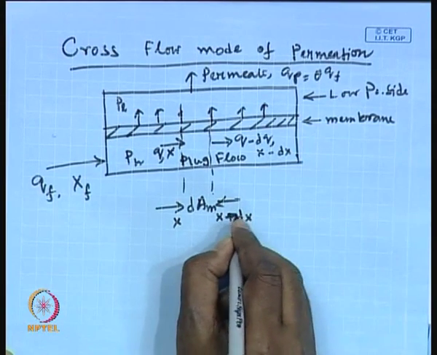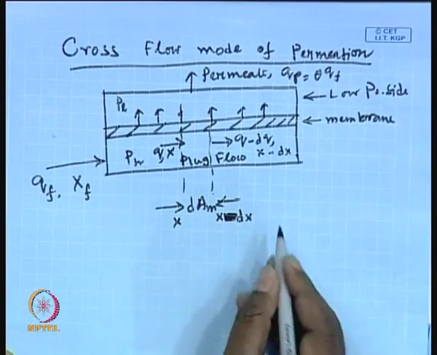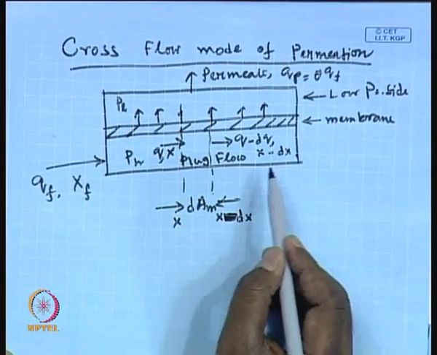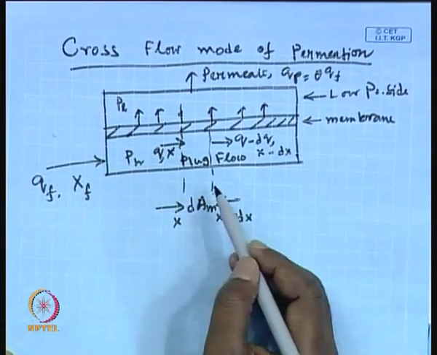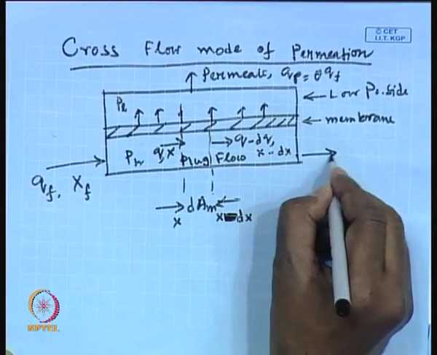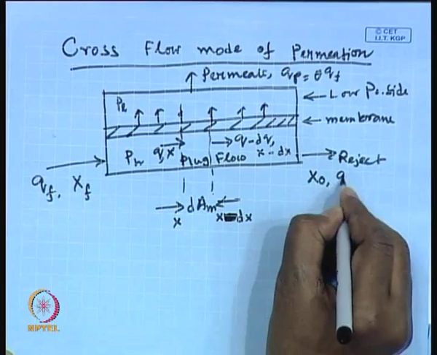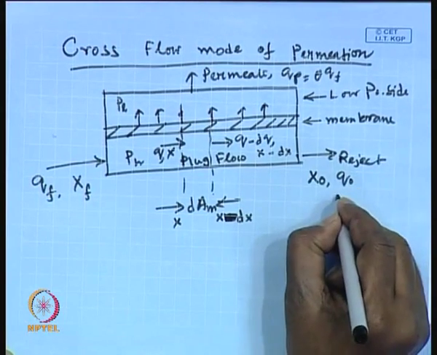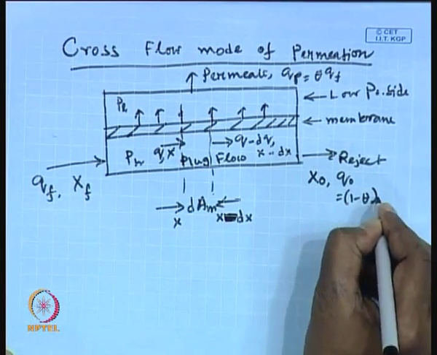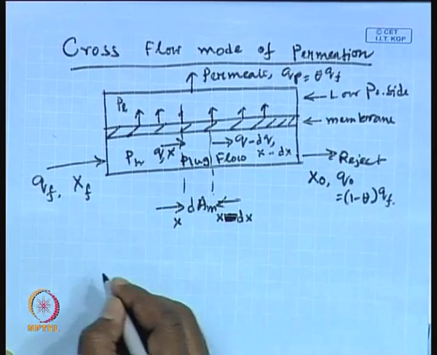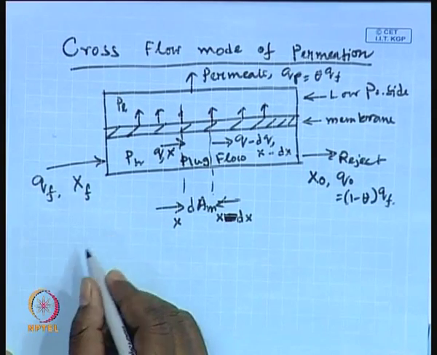So, this is x minus dx. Okay. So, we are basically calibrating length from the other side, and the reject is going to come out at x naught, q naught, and what is q naught? q naught is nothing but 1 minus theta times Qf. Okay, that is a schematic of a cross flow system.